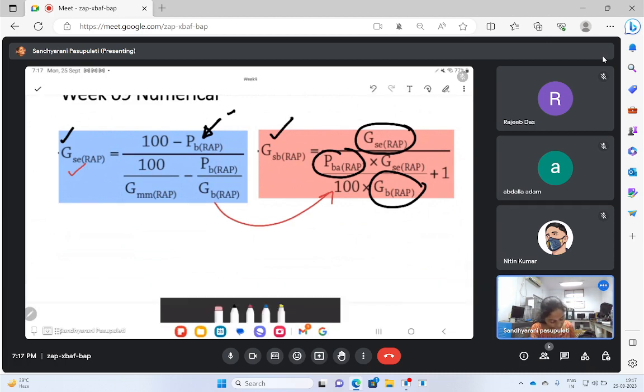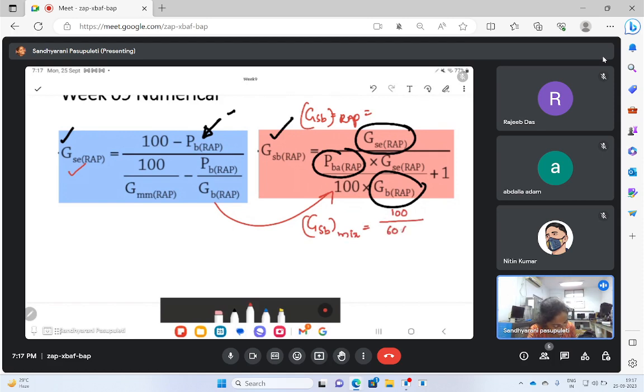So that is not the final answer. The GSB which I am calculating here is the GSB of the RAP aggregate. But in the question, they have asked for the GSB of the mixture. How do we get the GSB of the mixture? Let us say the total is 100%.